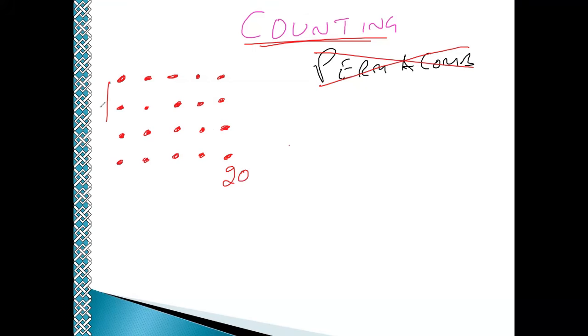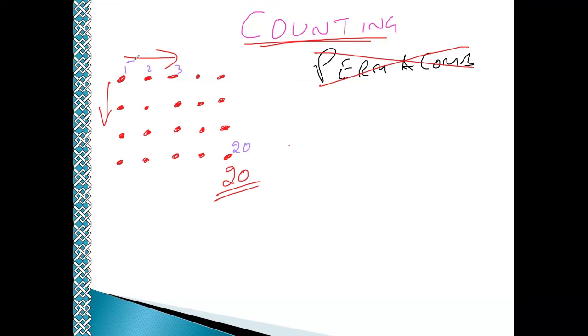So that means you are counting the rows and you are counting the columns, and instantaneously you told the answer as 20. If I ask a second class boy or girl who can count up to 20, they put their little finger here and start counting, and once they reach here, they will also say it is 20.